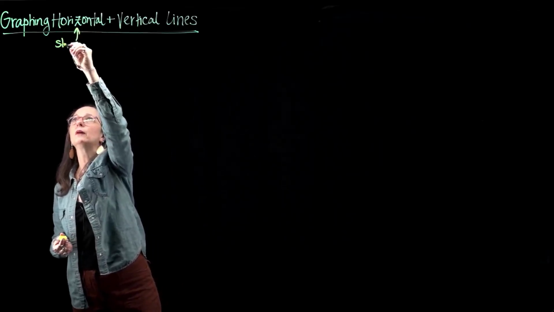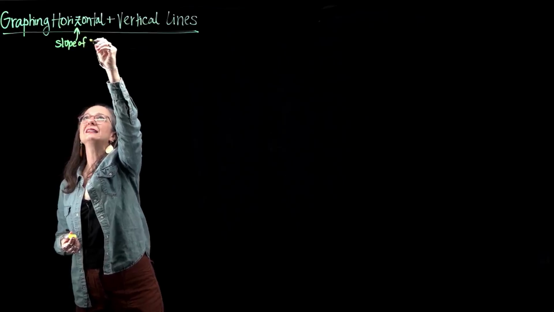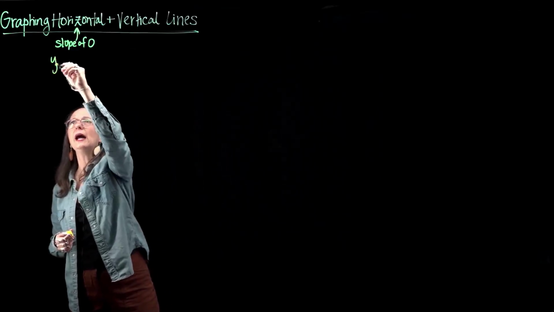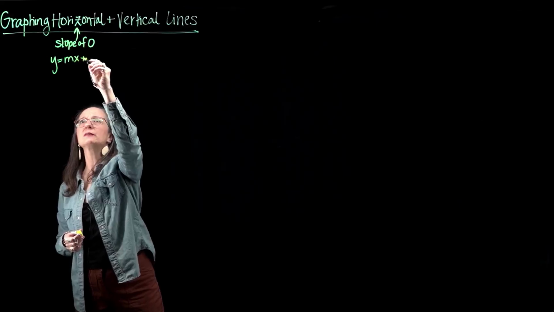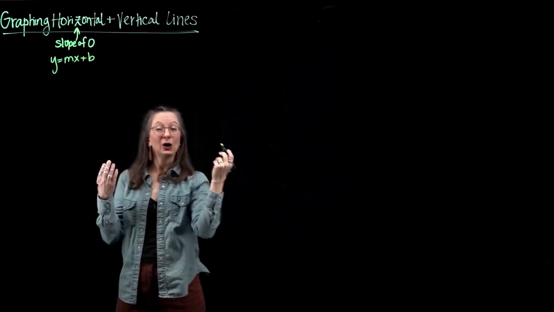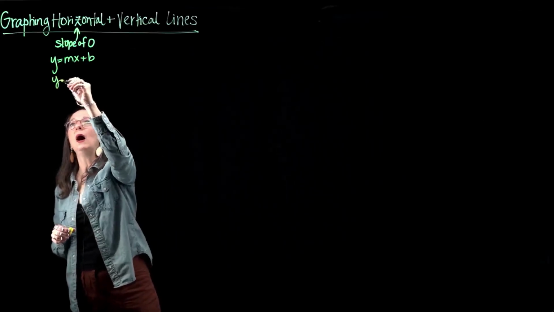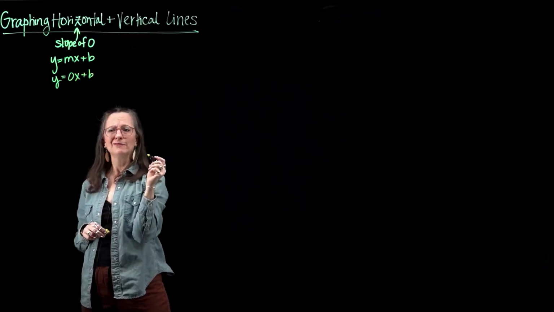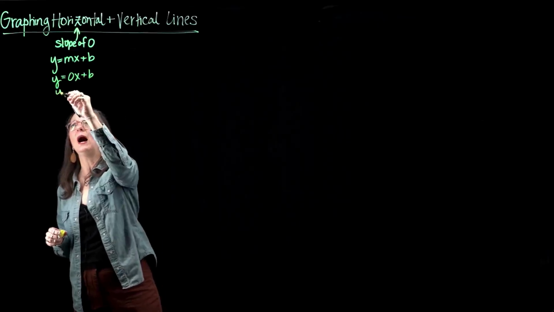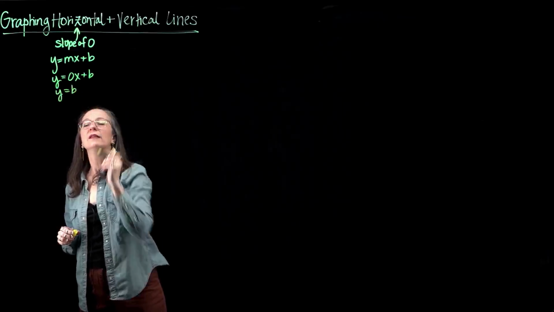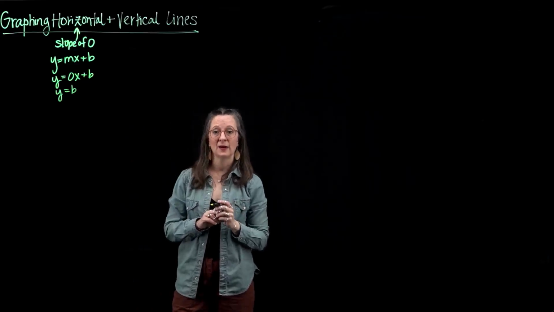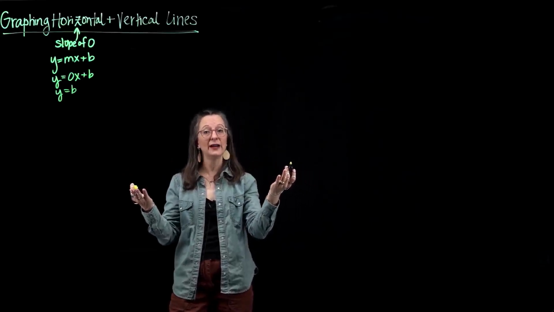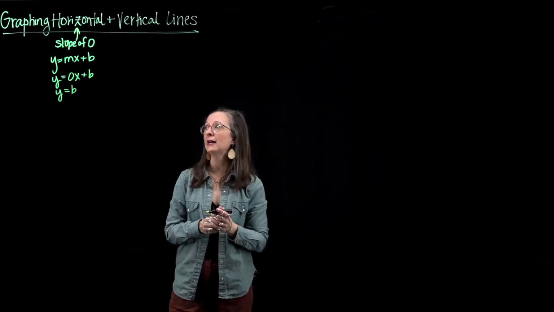All right, a horizontal line. We talked earlier about the fact that a horizontal line has a slope of 0. So if we have y equals mx plus b form, a horizontal line would say y equals 0x plus b, which really means we've got y equals the y-intercept. That makes sense: we have a horizontal line and it's all defined by where it touches the y-axis.